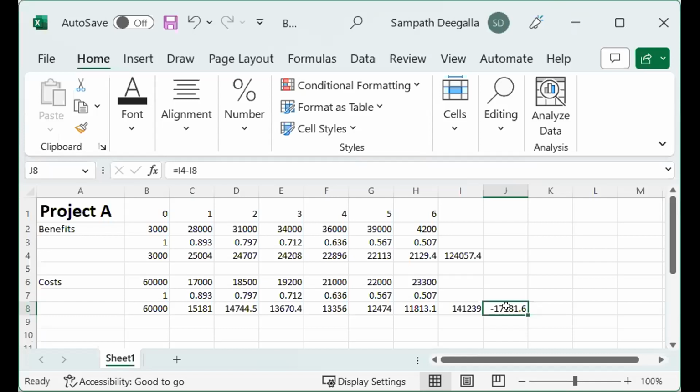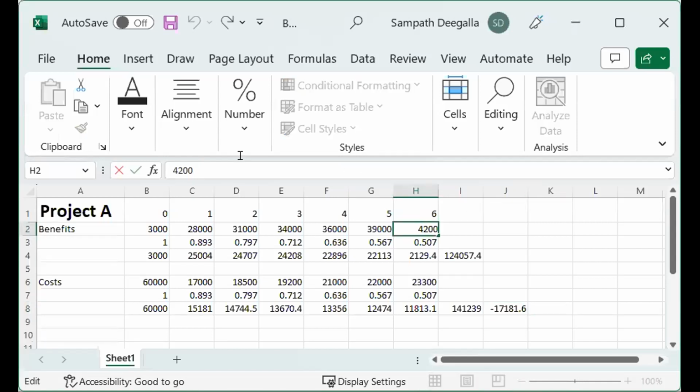So let me check again whether I make any mistakes. We have 60,000, 17,000, 18,500, 21,000, 22,000, 23,000. And previous one, we have 42,000, right? We missed 1 zero.